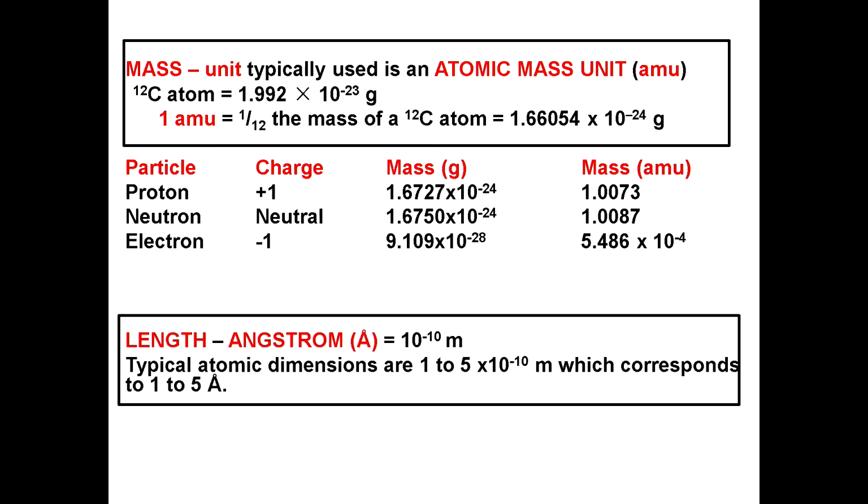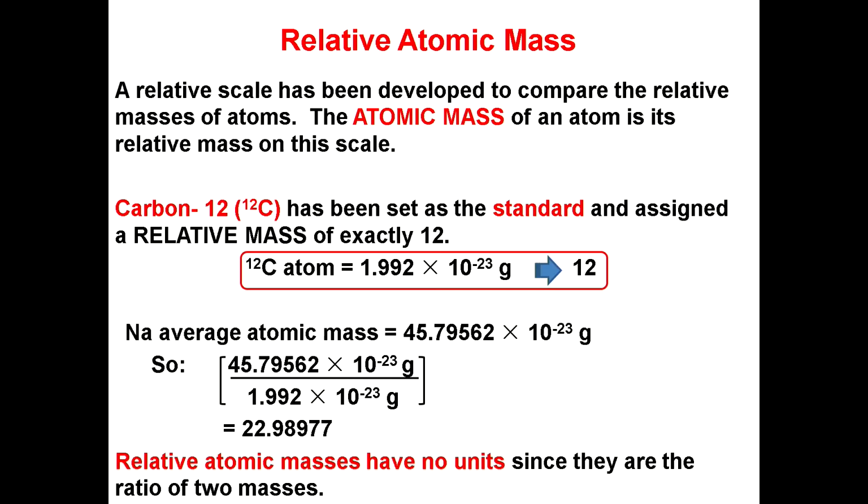So we use this way to describe length, and it becomes easier. Any questions about the mass and the length? So we can use AMU and angstrom to describe the mass and the length of atoms.